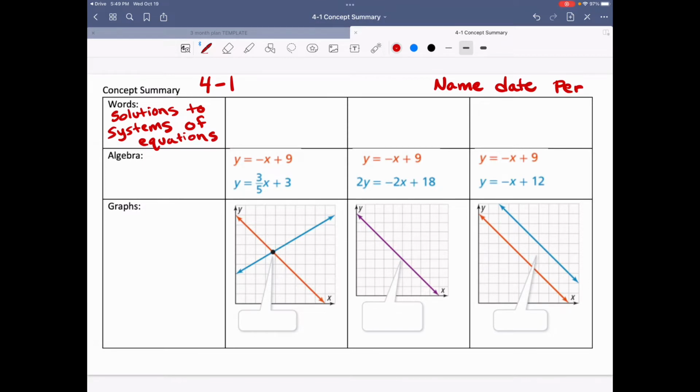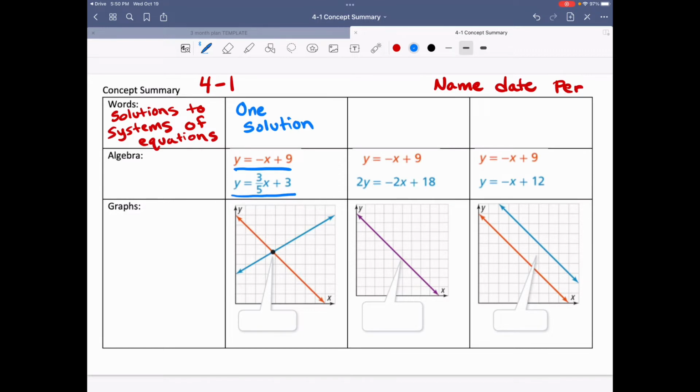So sometimes you can have just one solution. And the reason we have one solution is because we have 2 different lines. We have y equals negative x plus 9, and we have y equals 3/5 x plus 3.